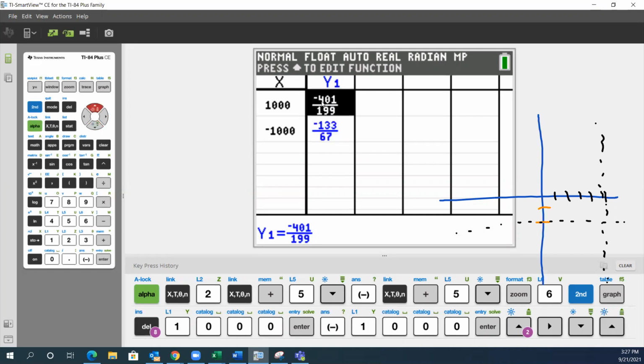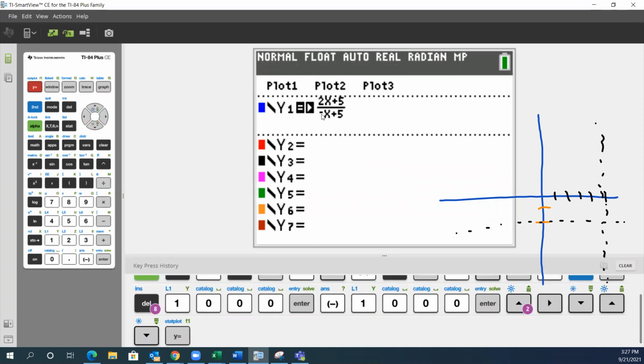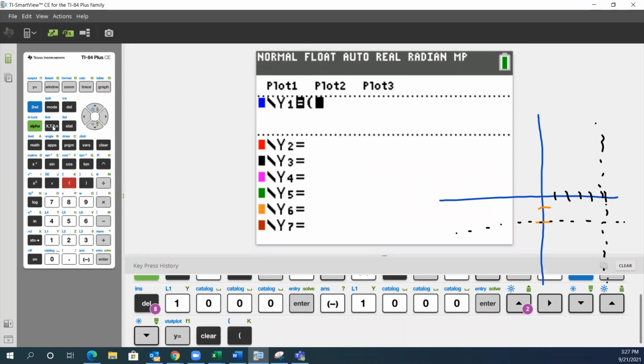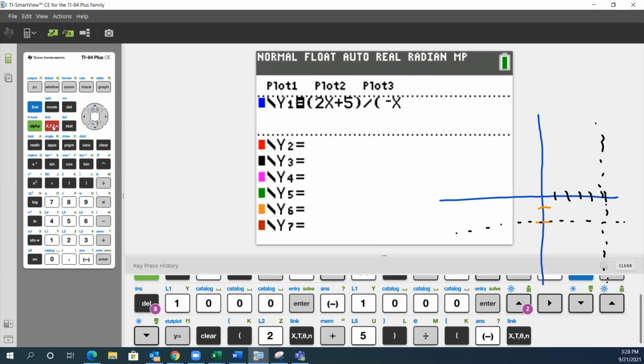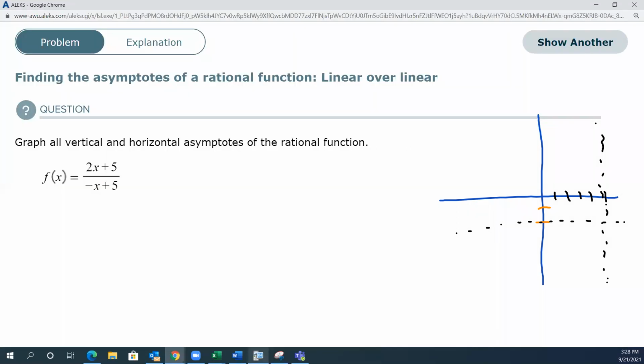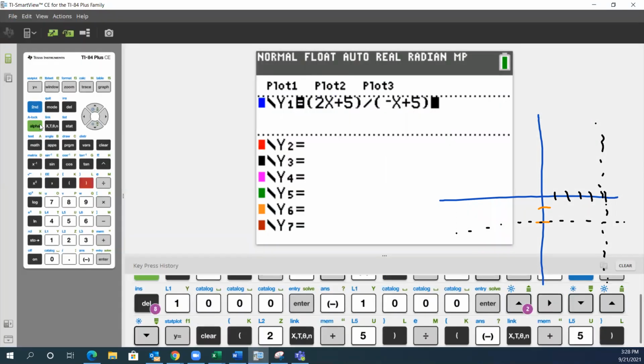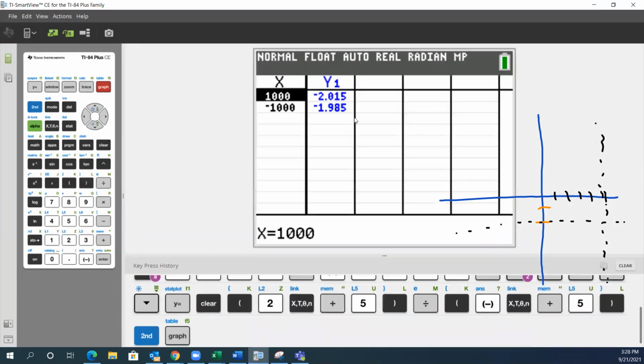This is kind of the downside of using the fancy fraction. If I were to go like that and not use the fancy fraction, now it'll just give me decimals.